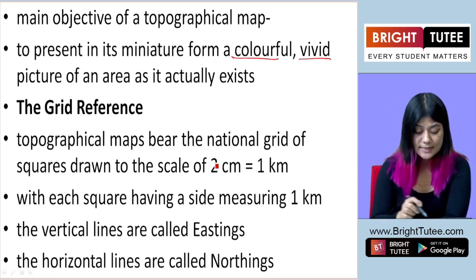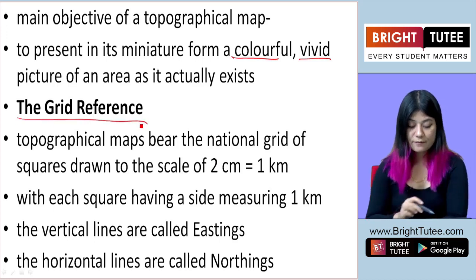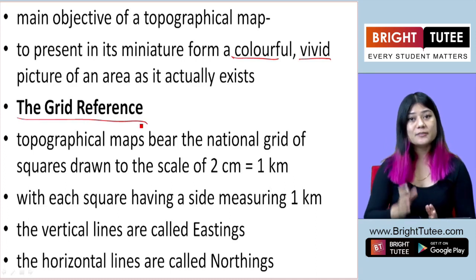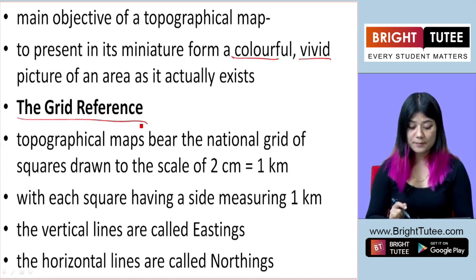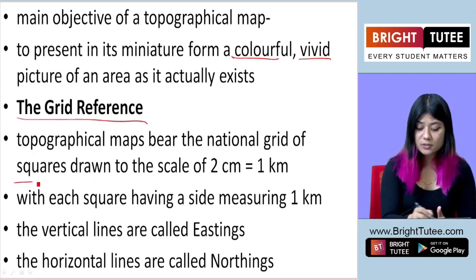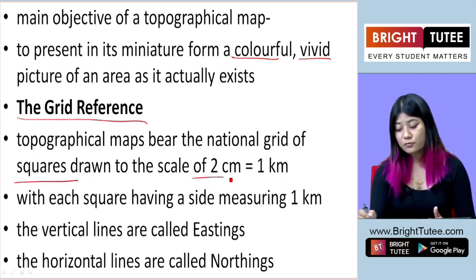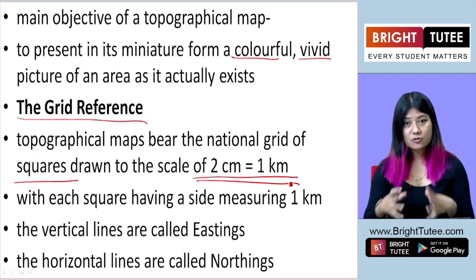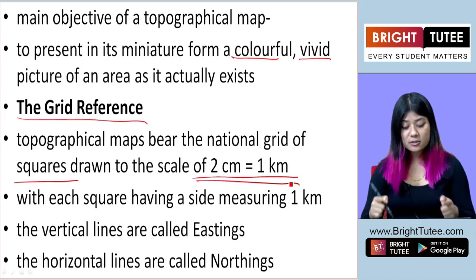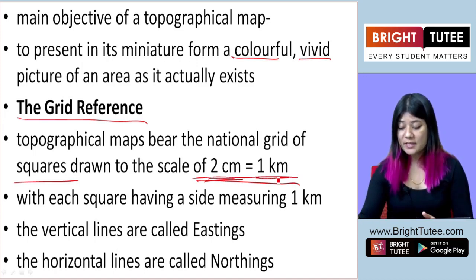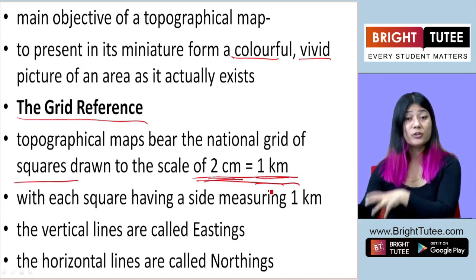Okay, the next type of map is called the grid reference. Now a grid reference is basically a topographical map but with lines drawn on it. Here grid-like lines are drawn in squares to the scale of 2 centimeters equals 1 kilometer. So squares are drawn on the sheet and each square has a measurement. 2 centimeters of that square will be equal to 1 kilometer on the ground.